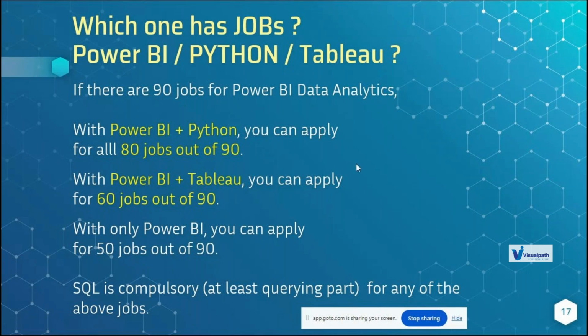If you learn Power BI with SQL, out of 90 you can apply for only 50 jobs. If you learn Power BI, SQL, Python, you can apply up to 80 jobs out of 90. If you learn Power BI, SQL plus Tableau, you can apply up to 60 jobs out of 90.